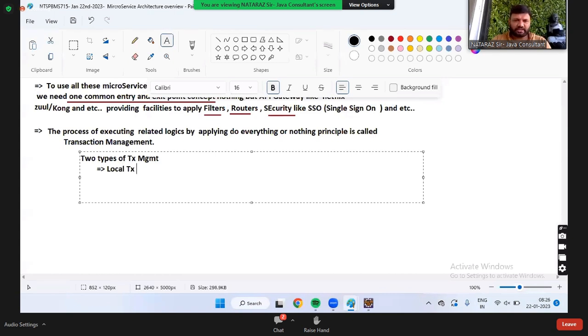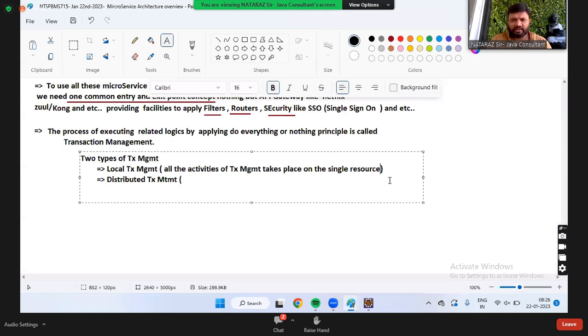Local transaction management: all the activities of transaction management take place on a single resource.